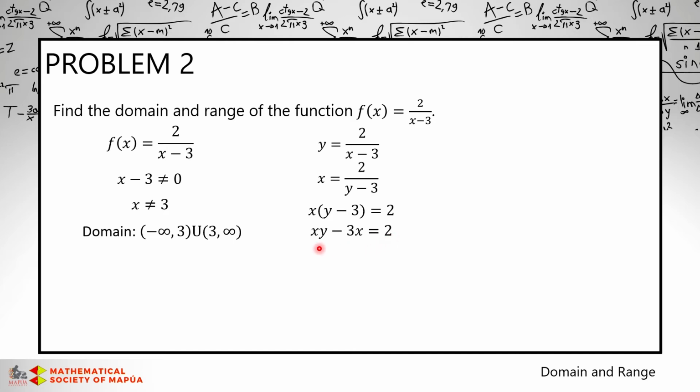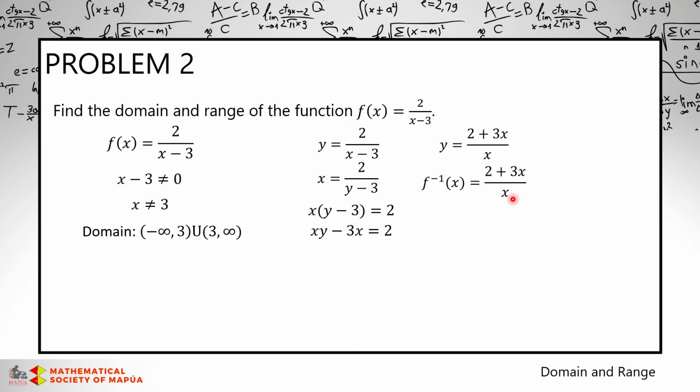Now, syempre, isolate natin yung y. So, magiging y is equal to 2 plus 3x over x. So, ito na yung inverse ng function natin. 2 plus 3x over x. So now we need to get the domain of this function. So again, unlike kanina, di ba, may square root tayo.